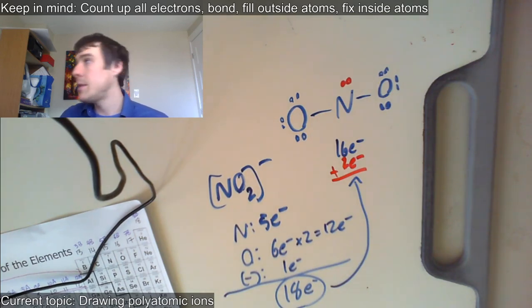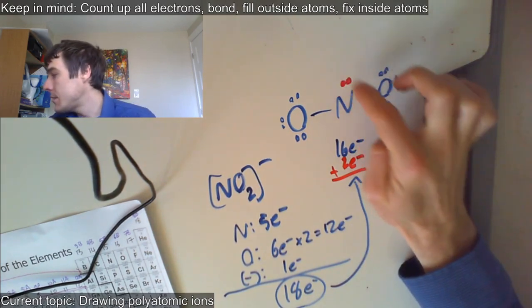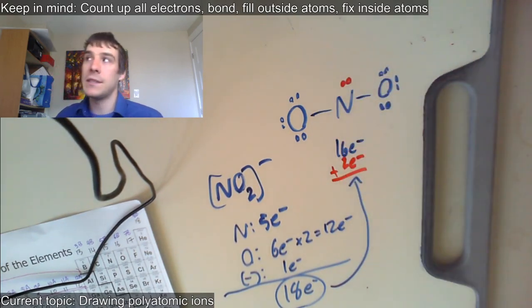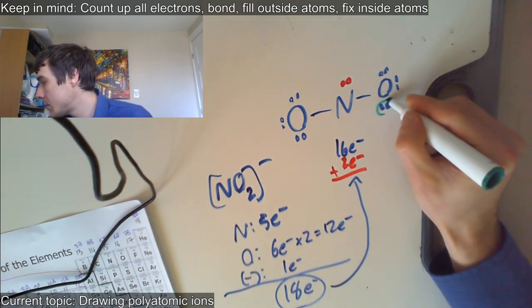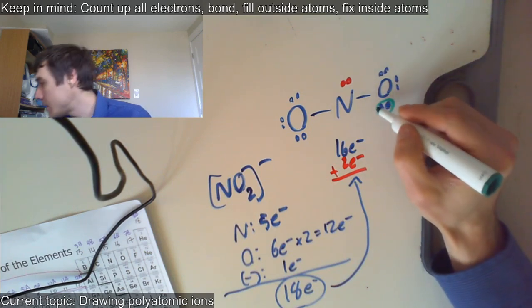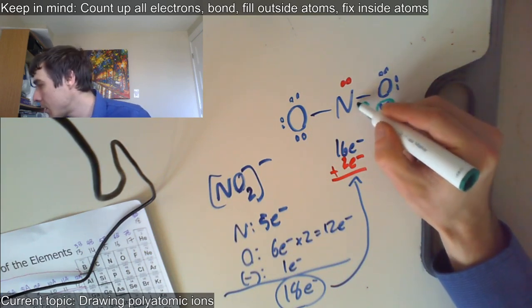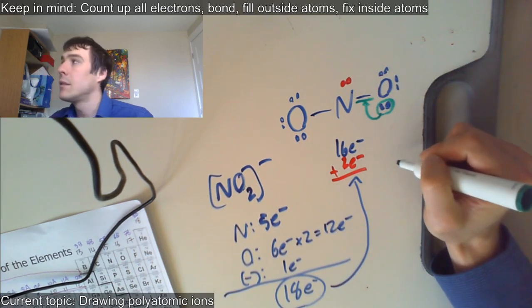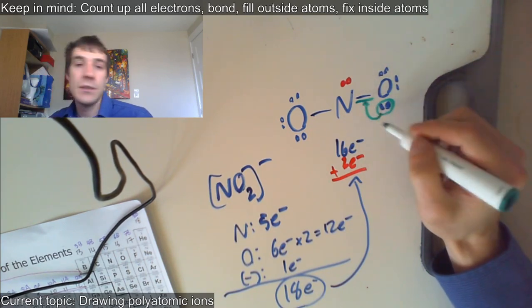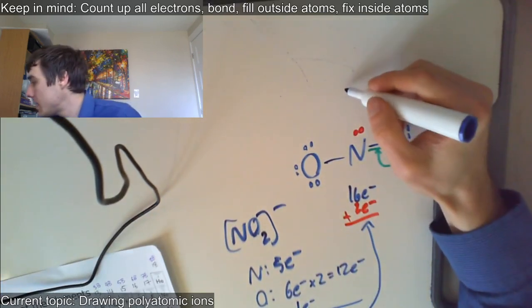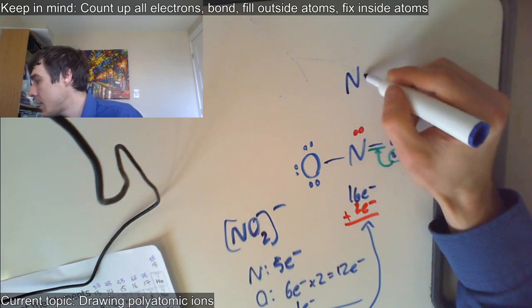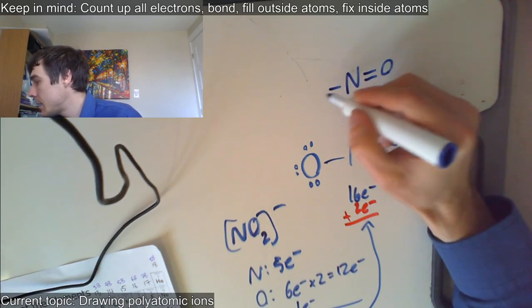The answer is no, it's not happy because it's currently seeing 6 electrons. It wants to see 8 electrons. So what do we do? We do that promotion trick. We take this lone pair, the entire lone pair, both electrons, and we turn it into a new bond. Remember that a bond is a pair of electrons. So the true structure of nitrite is something like this.